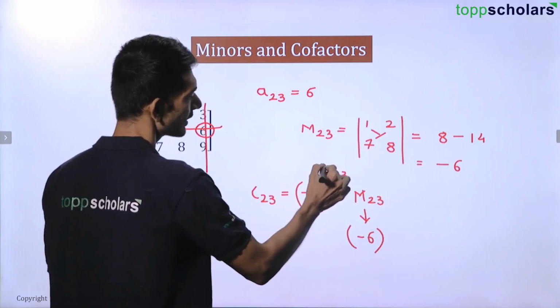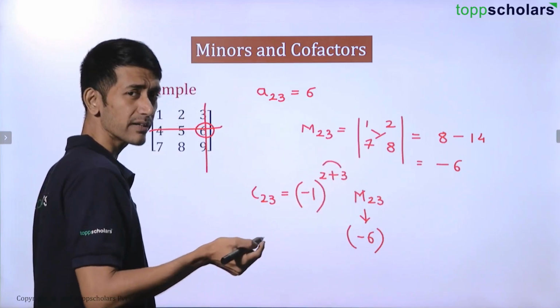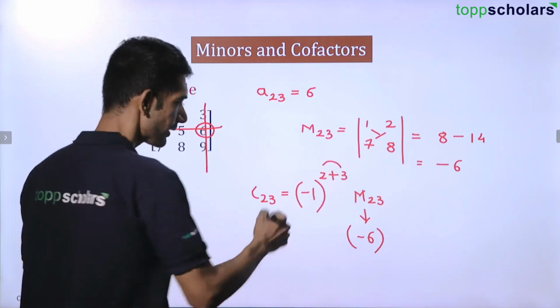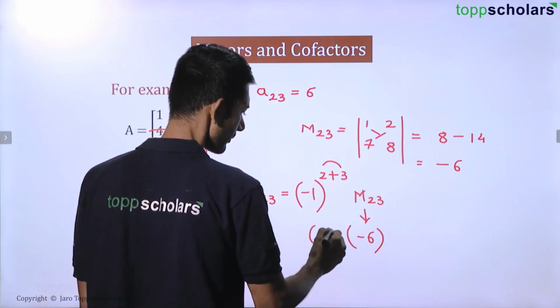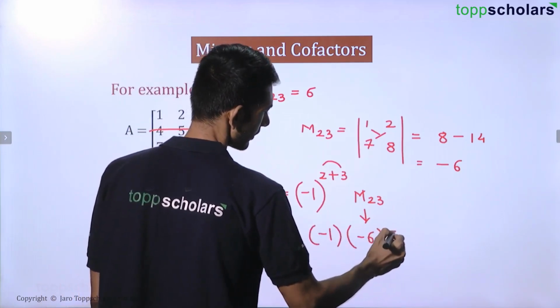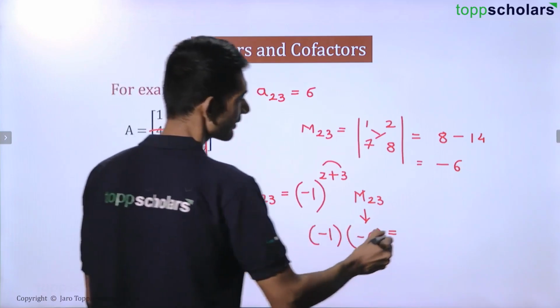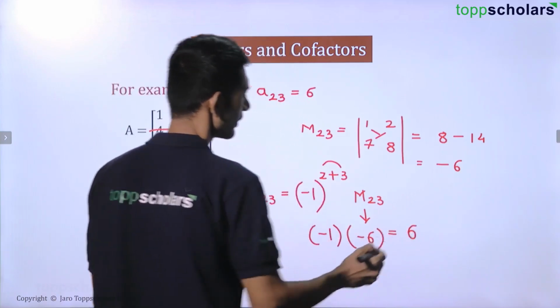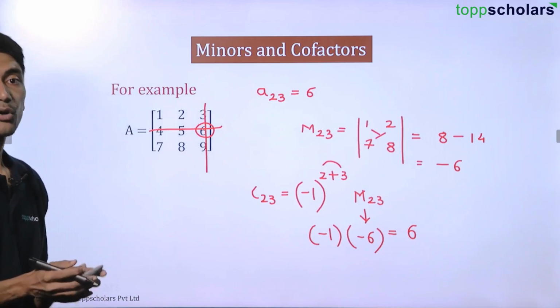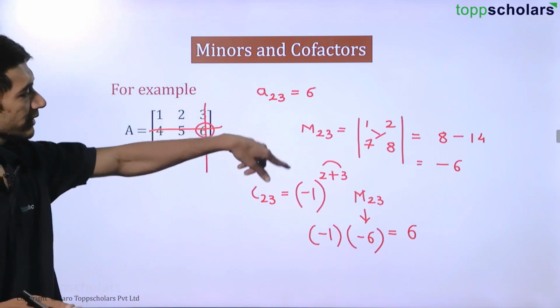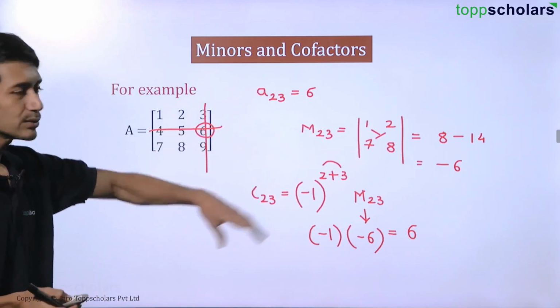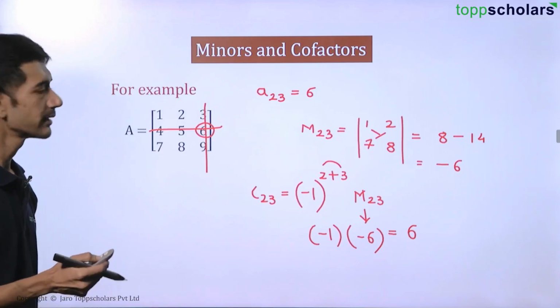And minus 1 raised to 2 plus 3 is minus 1 raised to 5. That is the odd power of minus 1, that is minus 1. Minus 1 multiplied by minus 6 is how much? And that is your final answer. I hope this is clear to you. So A23 is 6, M23 is minus 6 and C23 is 6. Clear? Okay.